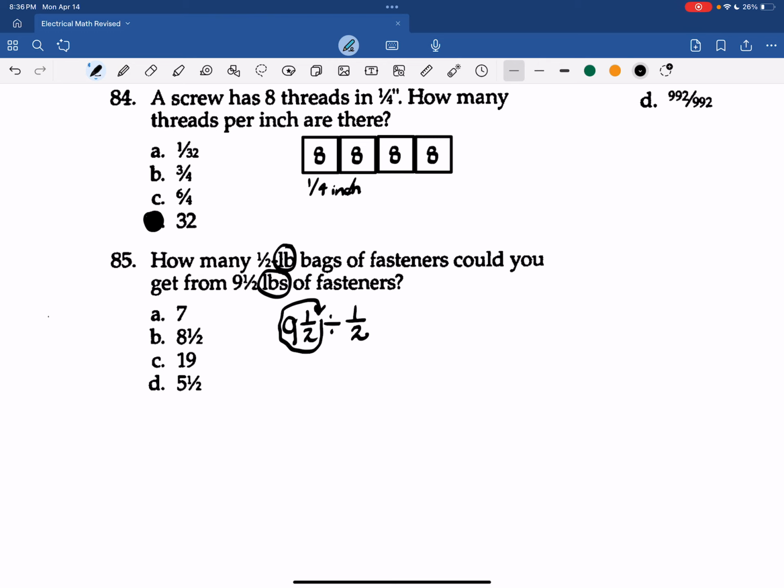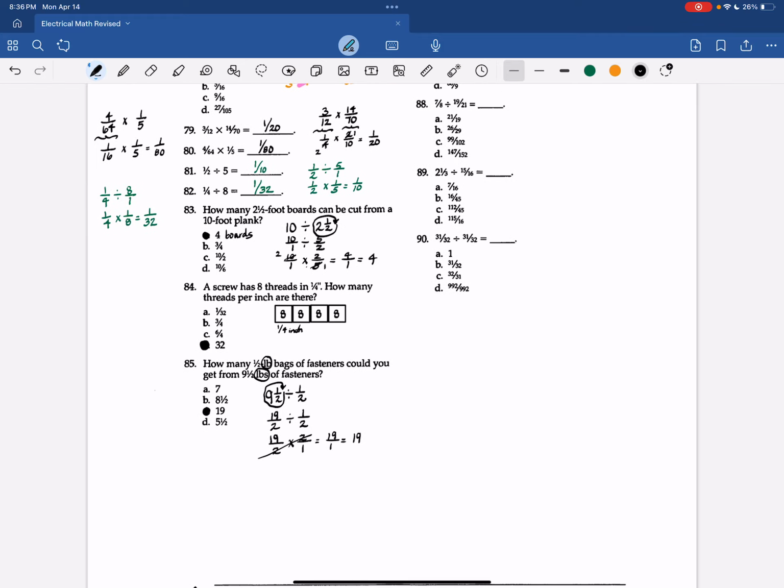So you get 18 plus 1 is 19 halves. And then you flip the fraction that follows. Those will cancel. So you're left with 19 over 1, and that is 19. I will do fractions all day long to avoid long division.